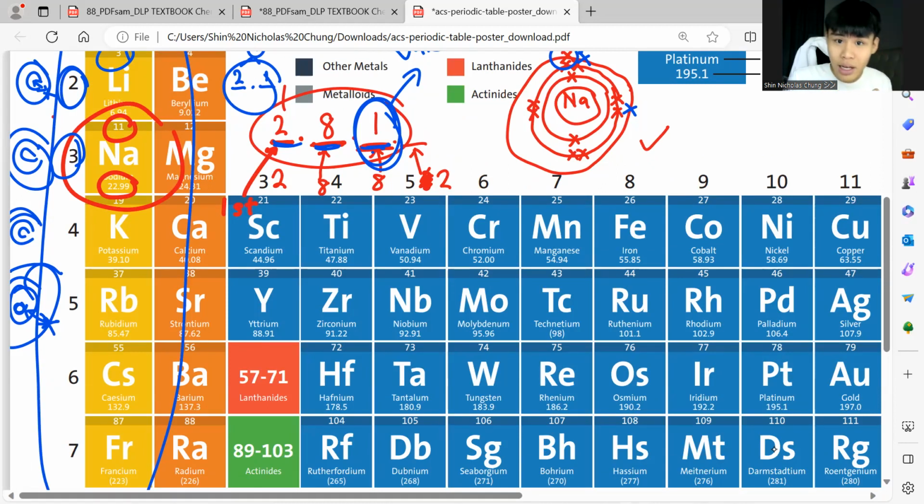But the lower part, the electron shells have many of it. So it is very easy for it to donate electrons. You can lose it anytime, because the force of attraction between the nucleus and the valence electron is very, very far. Understand? That's why the reactivity increases down the group, because the shell increases, the valence electron is far, and the force of attraction is weak, so it is easier to donate.